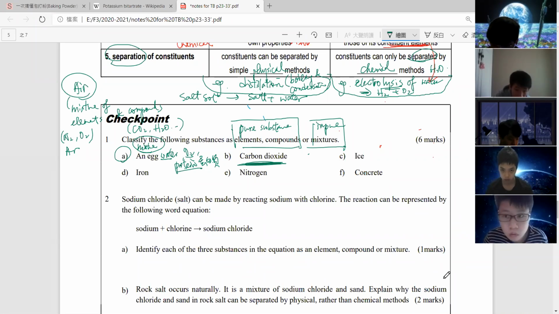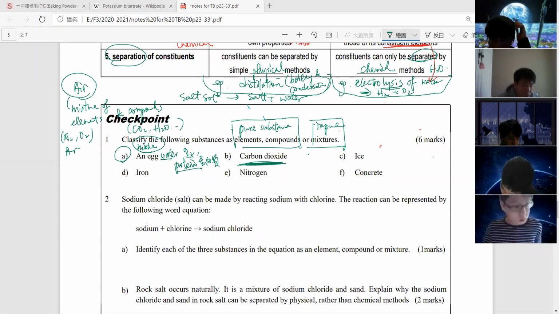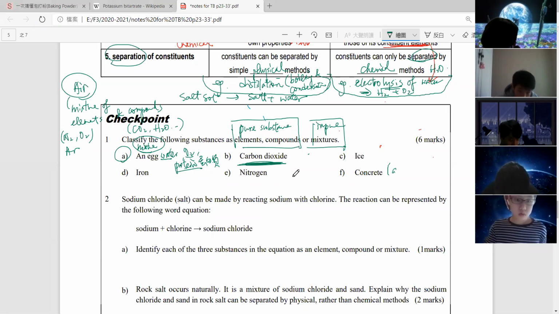Any examples of compound? Concrete. Is it concrete? What do you think? Concrete is just a mixture again. Why?